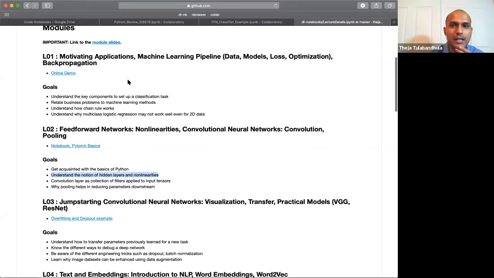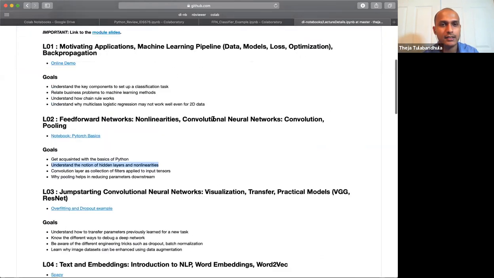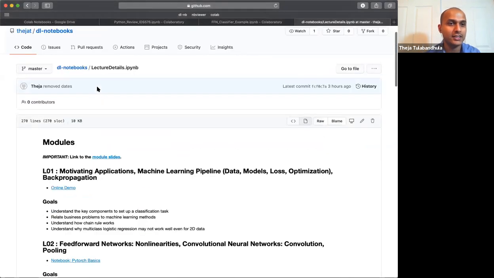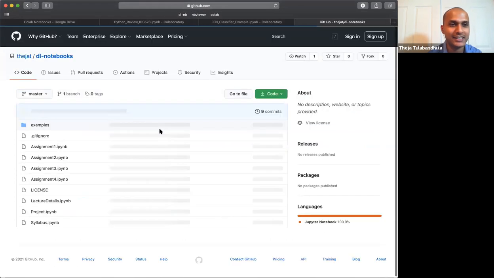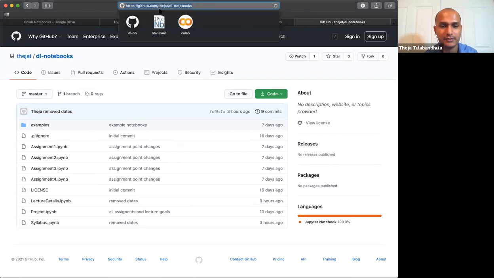I think last time I had mentioned Google Colab. If you look at this, this is not a syllabus page; this is actually lecture details. If you go to the repository, I can paste this repository here in the chat if you want to try out Colab in real time.